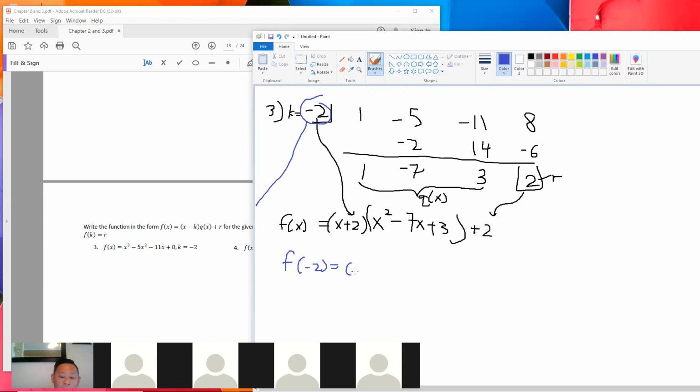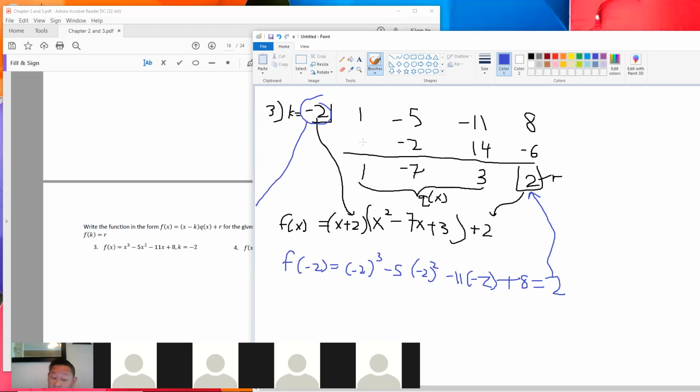So you get negative 2 cubed minus 5 times negative 2 squared minus 11 times negative 2 plus 8. I can tell you that your answer here is going to be 2, which is exactly the same as your remainder.